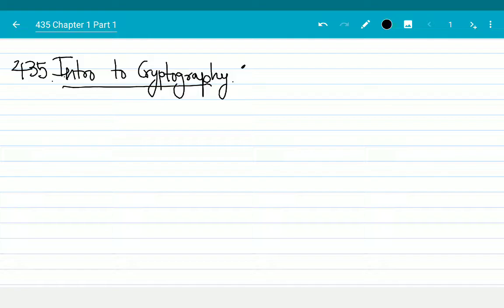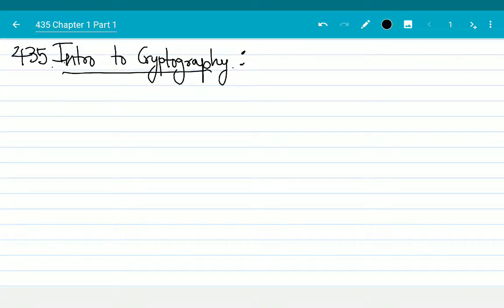This is a cross-listed course between computer science and math and some other department. I don't remember what it is. I think economics. But even if you're not very familiar with programming, that is fine. I'll be teaching this course with more emphasis on the math rather than the programming.